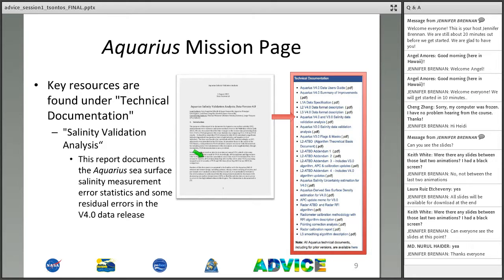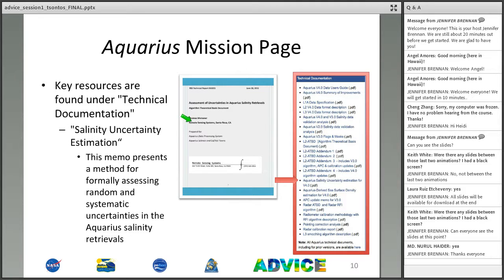So with every new public release, in this case version 4.0 of the data set, a thorough analysis and comparison of the Aquarius retrievals against ground truth is undertaken, and any errors, biases, regional discrepancies in the data are documented in this documentation here. And so it's very important when using the data to understand the potential limitations and possible areas where errors can creep in, some of which are very regionally dependent. So this is an important document as well to be aware of.